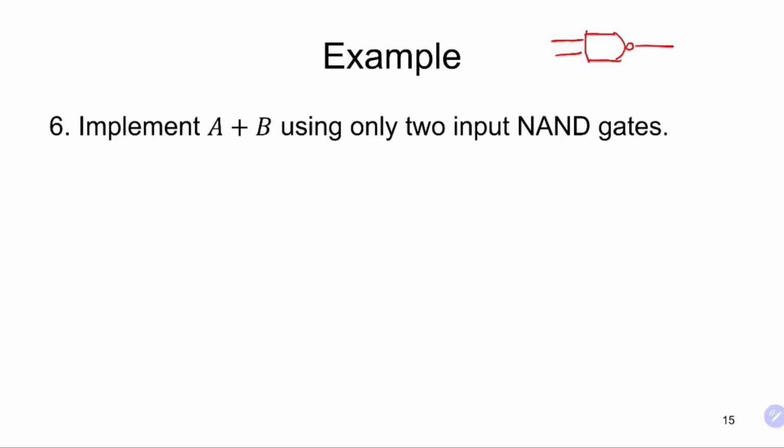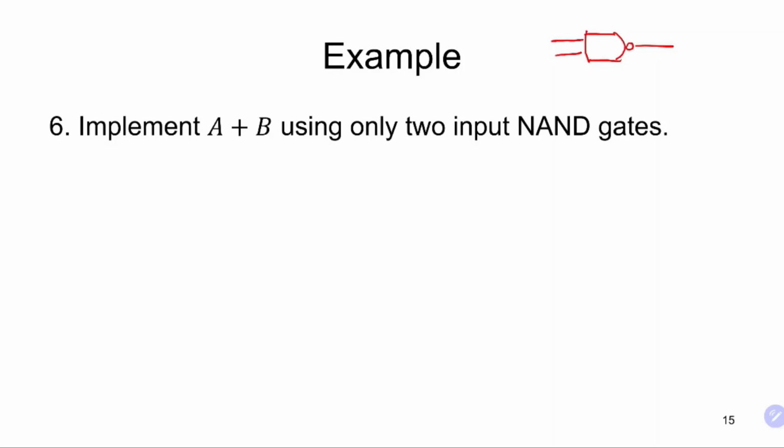The clue is from De Morgan's theorem. We know that from De Morgan's theorem, we can change the operator. So we have AND gates. No, we have OR gates here. So a NAND gate is an AND function. We can change from OR to AND from De Morgan's.